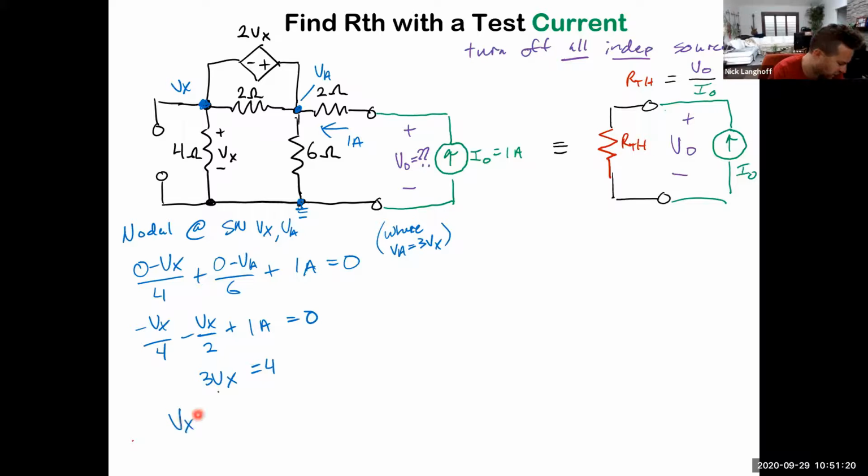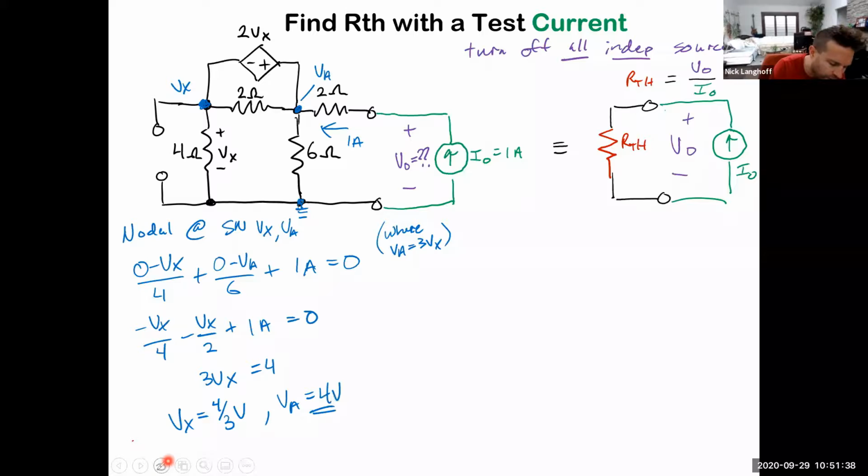And therefore, VX is equal to 4/3 of a volt, and VA is then 4 volts. I know I went kind of quickly through that, but you've done nodal analysis a lot by now, and that was pretty similar to the equation we did on the last page.